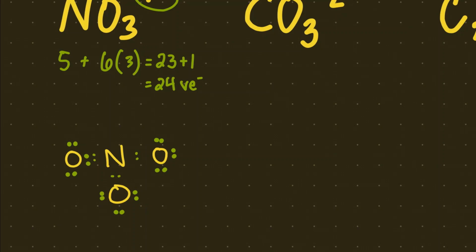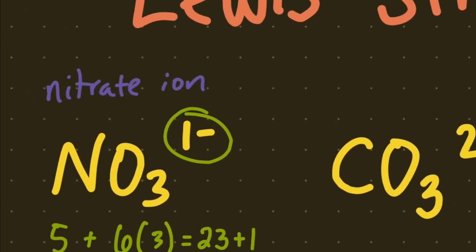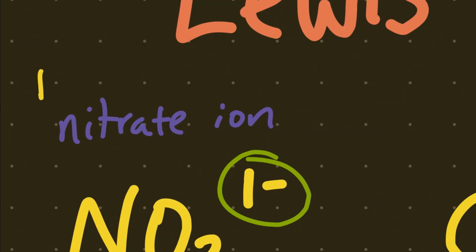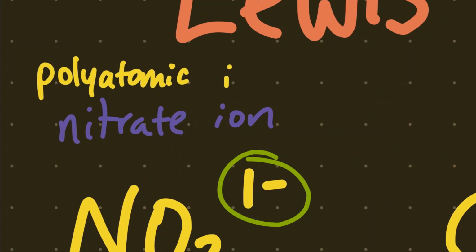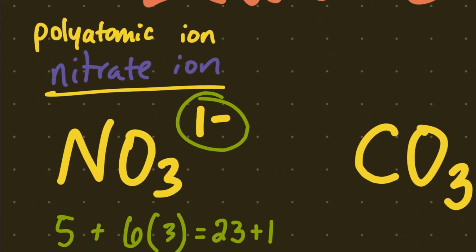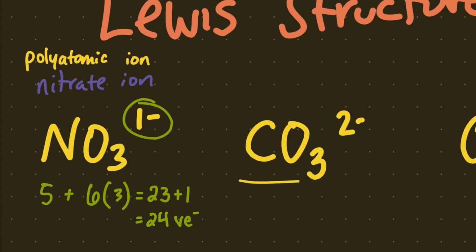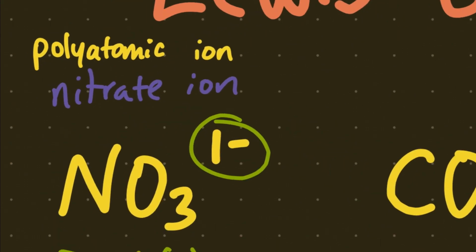Oh, one more thing. When we draw Lewis structures for molecules that have charges on them, by the way, there's a name for these. These are called polyatomic ions. Nitrate is one example of a polyatomic ion. CO3 2- carbonate is another example of a polyatomic ion.